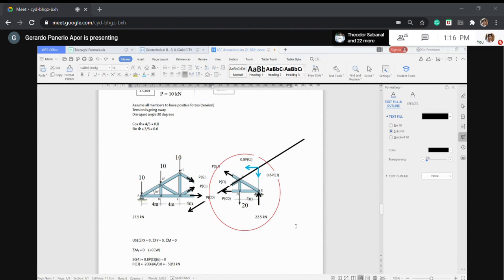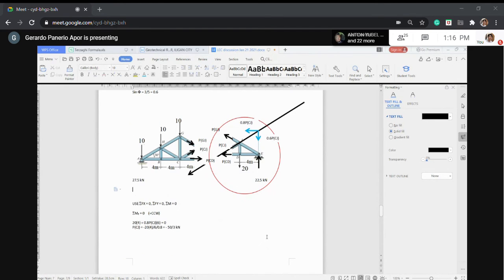How about if I am interested in CD? If I am interested in CD, I think I am going to sum up moment at J. Why? At J, at least the two unknowns, the CG and GJ, are converging at G. If you make that your moment center, you instantly eliminate these forces because they don't create moment at J. Their moment arms are zero.